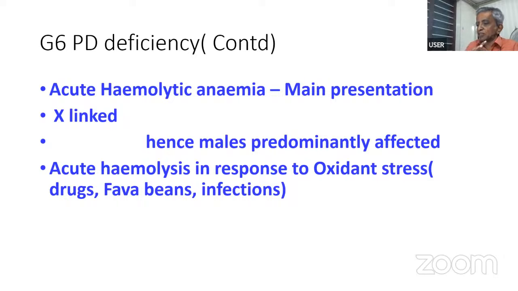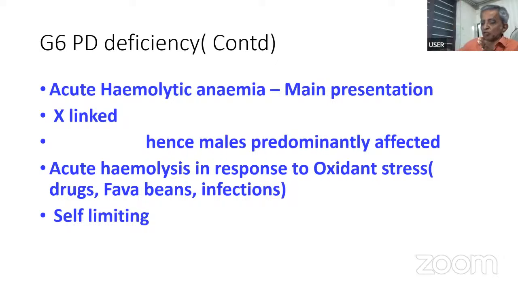Many infections can precipitate hemolysis. We already saw in the last slide, hepatitis developing in a G6PD deficient patient. So any infection, many drugs, fava beans, and other oxidant drugs can precipitate acute hemolysis. An important point to remember is it is self-limiting.